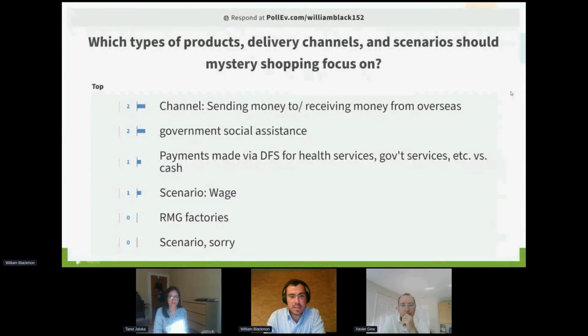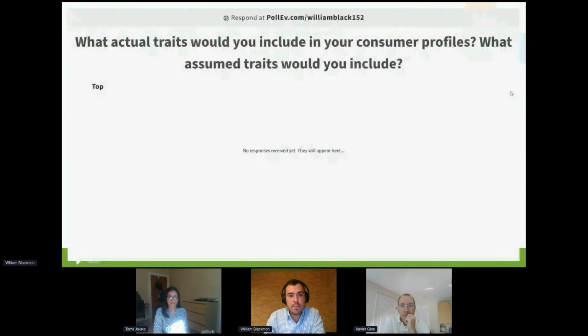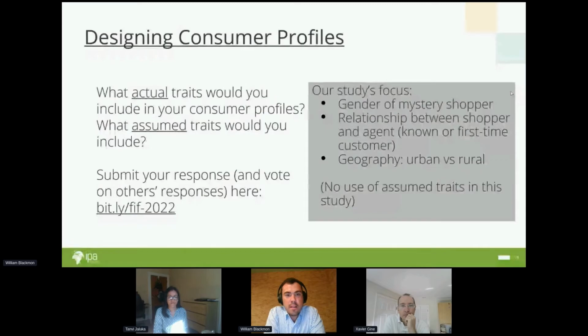Just for the sake of time, I think I will move to the last question, which should now show up as well. So once you have your policy objectives in mind and the types of scenarios you want to run, what channels, what providers you're going to use, what transactions or what scenarios you're going to run, you need to think about consumer profiles.